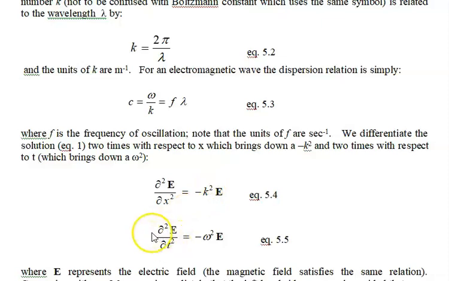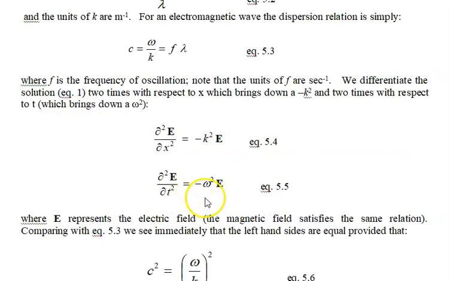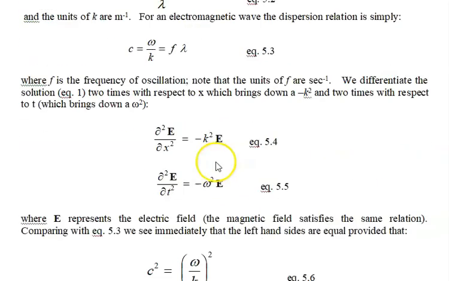We differentiate twice with respect to time, we bring down an omega squared. I should mention, parenthetically, that this is a wave traveling in the positive x direction. If it was a wave traveling in the negative x direction, the minus would turn into a plus.